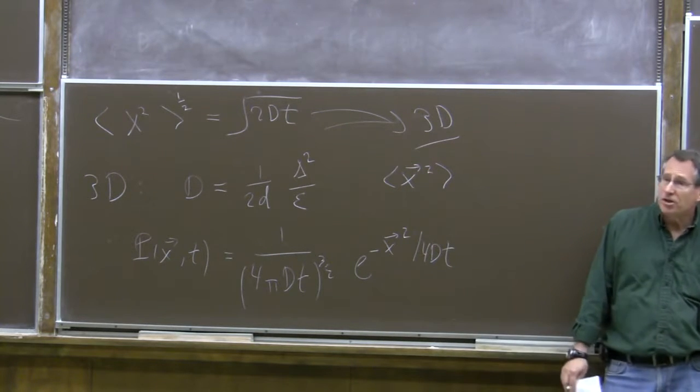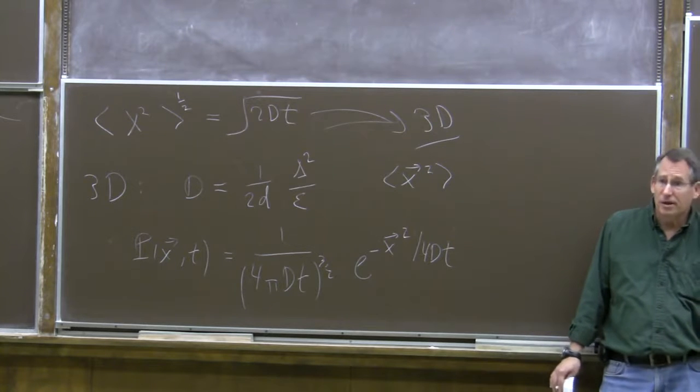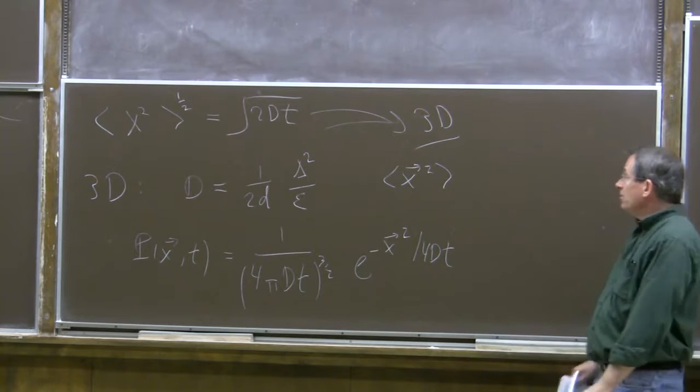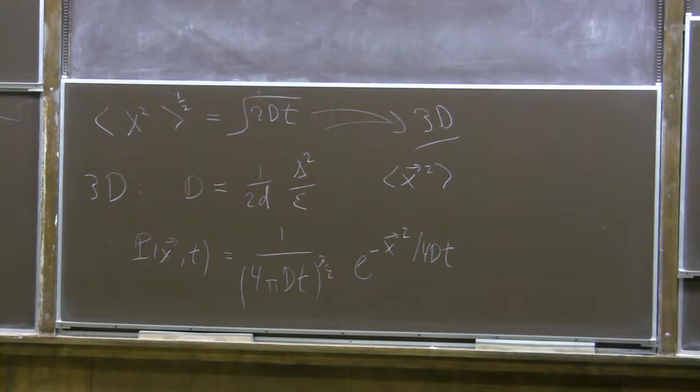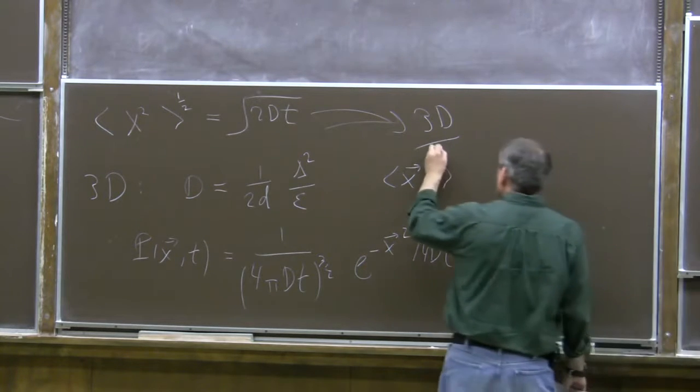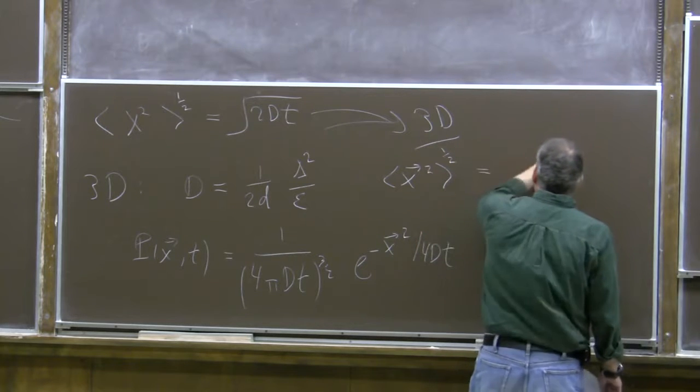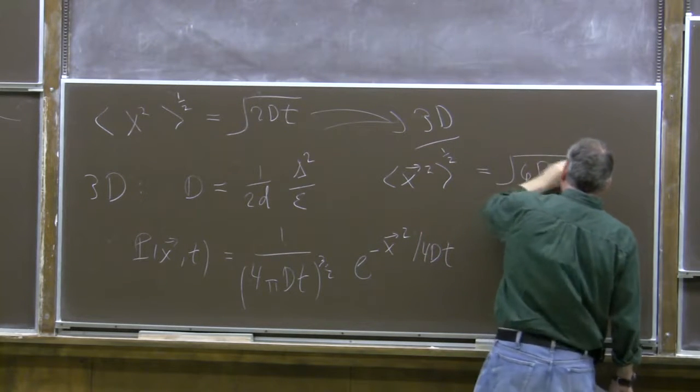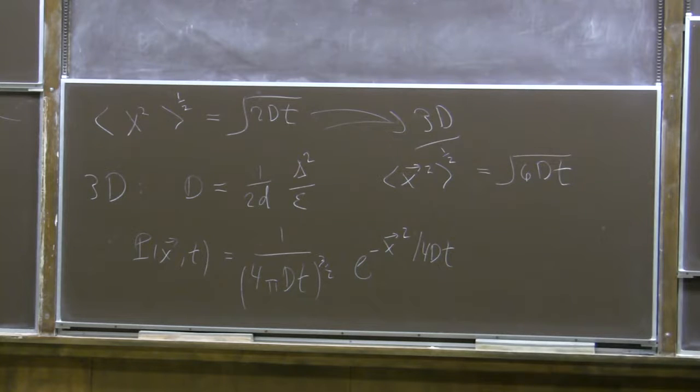It's just the mean value of x squared, the mean value of y squared, and the mean value of z squared. So the mean values all grow like 2dt, and they add up. So if I take the square root, I'll now have the square root of 6dt. So again, the distance from the origin grows like the square root of the time, and the coefficient of that square root of time is determined by the diffusion constant.